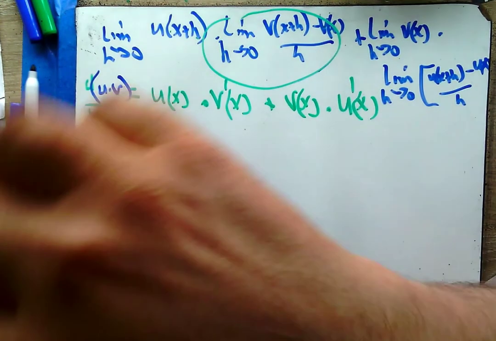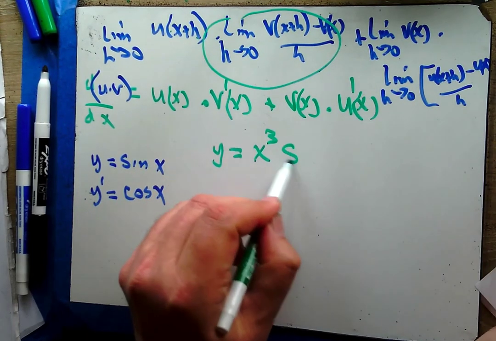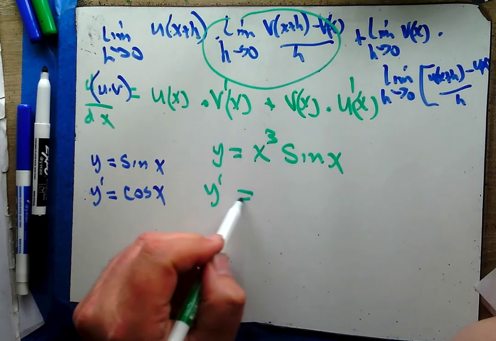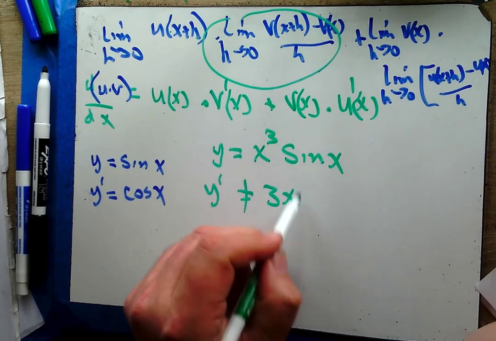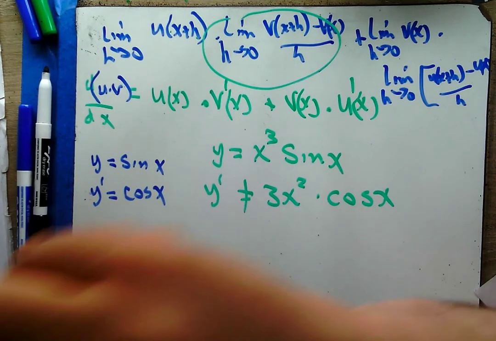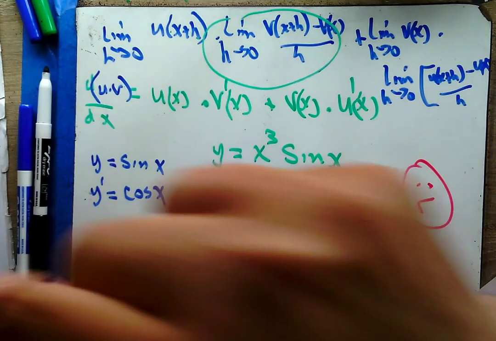Ask the question, what if I have y equals x to the third sine x? First thing is, y prime is definitely not 3x squared times cosine x. That is not true. That is very bad. Don't do that.